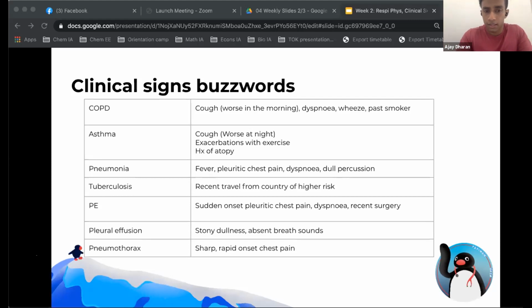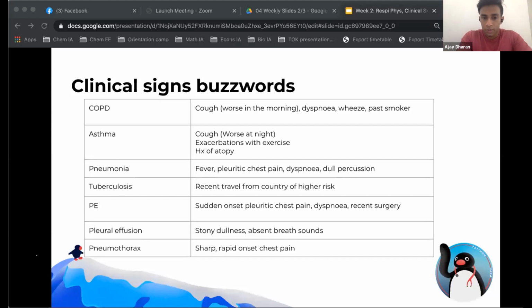A key thing is that you have a history of atopic triad, again, a history of allergic reaction. And for pneumonia, you'll have a heuristic testing, because I'll touch more on pneumonia and all of these key conditions next week. Again, these are just buzzwords that you need to focus on.